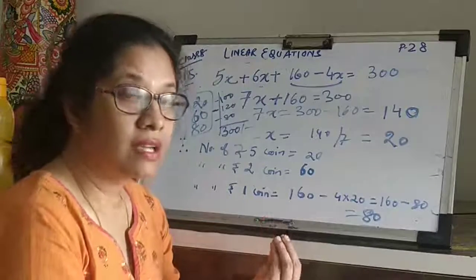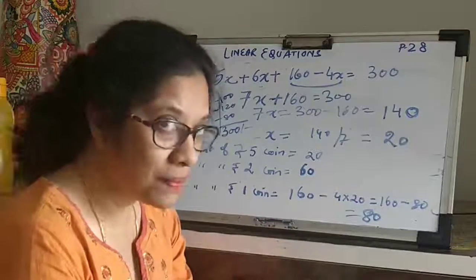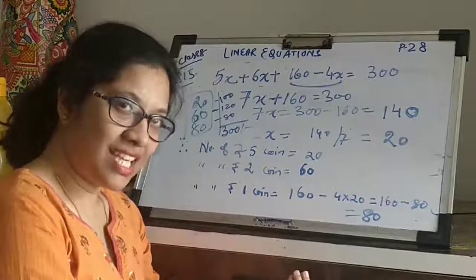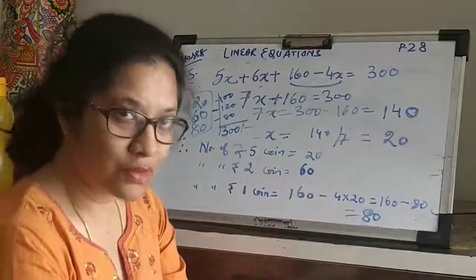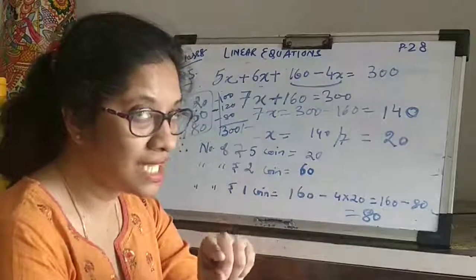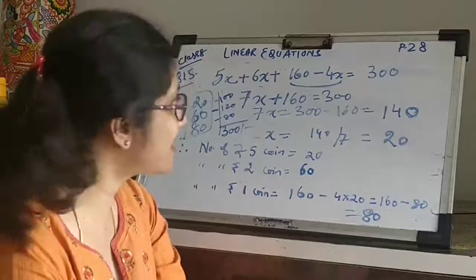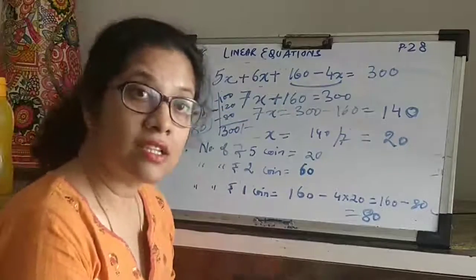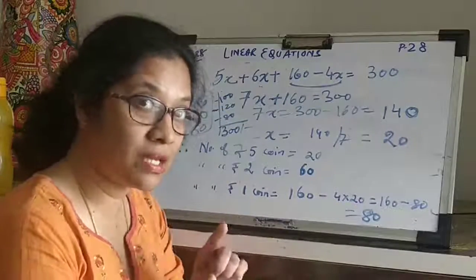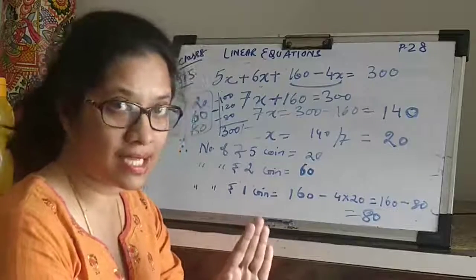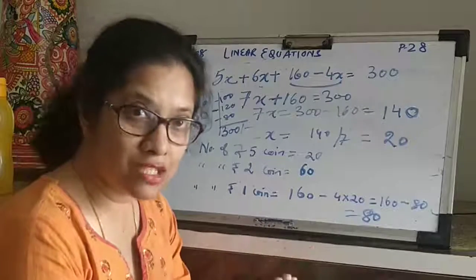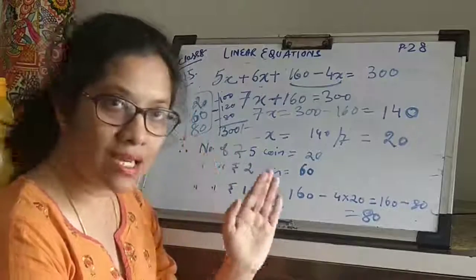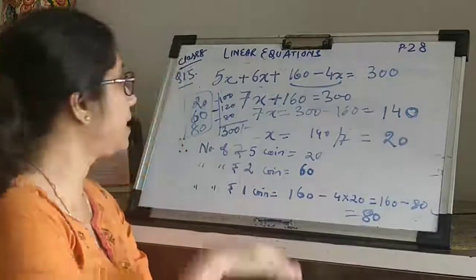A total of 3x 2 rupee coins will amount to 3x into 2. Okay, 3x coins, 2 rupees each, is equal to rupees 6x. And the total amount of rupees 1 coins, but how many coins? 160 minus 4x. Therefore, rupees 160 minus 4x.